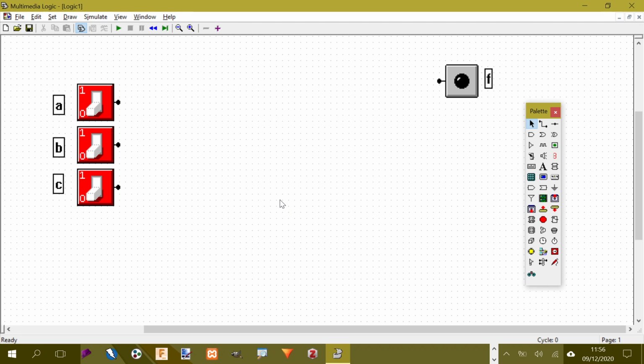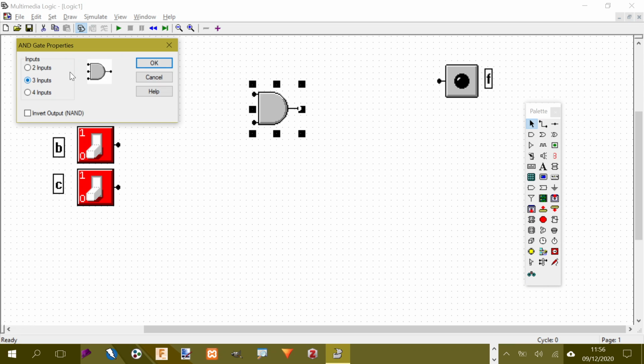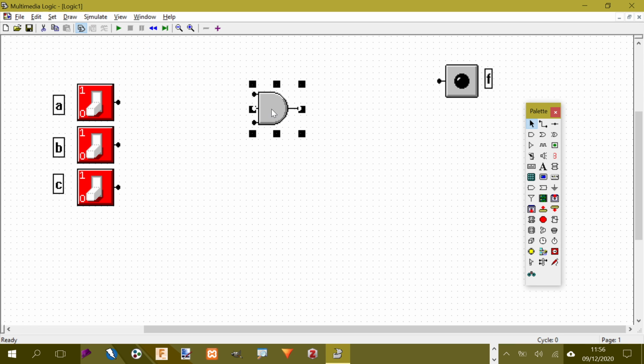Okay, so in Multimedia Logic, I've got my three inputs, A, B, C, and we're going to need a 3-input AND gate. So let's create that. And we're going to need 3 of those because we've got 3 min terms. So I'm just going to make copies of those.